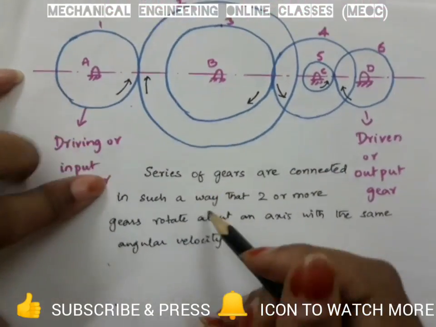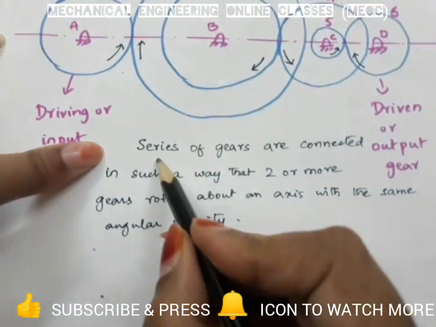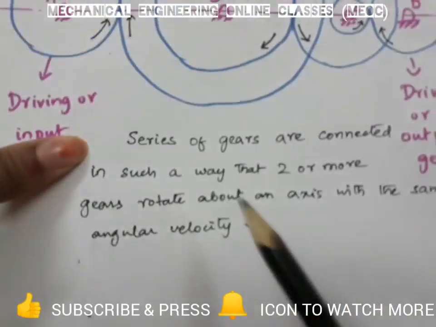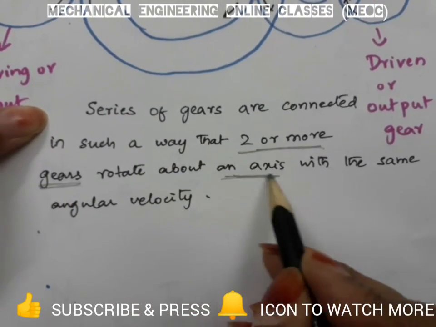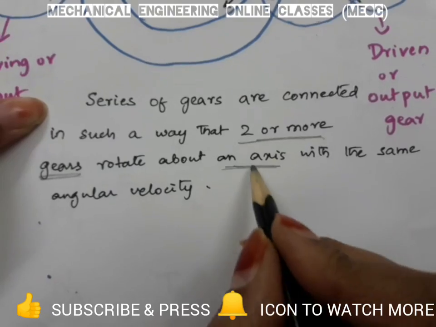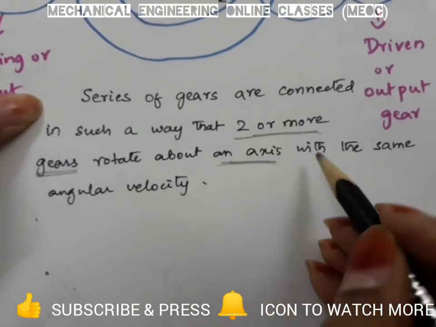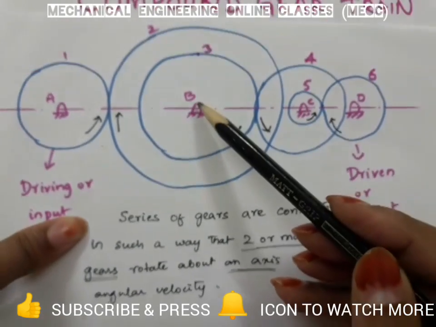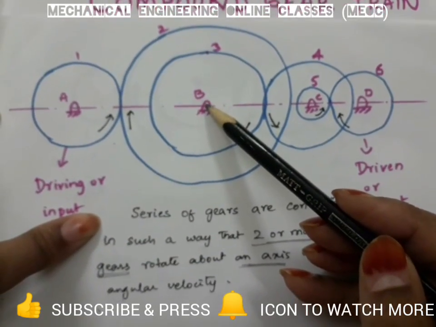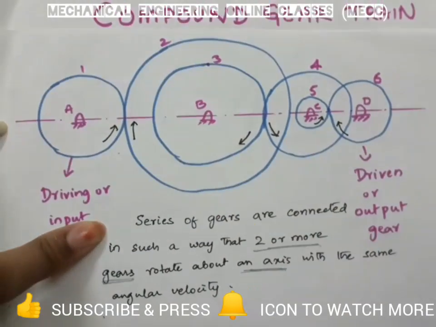By definition, a compound gear train is a series of gears connected in such a way that 2 or more gears rotate about an axis, that is the axis of the shaft, with the same angular velocity, because the gears are mounted on the same shaft. Their angular velocity will be the same.